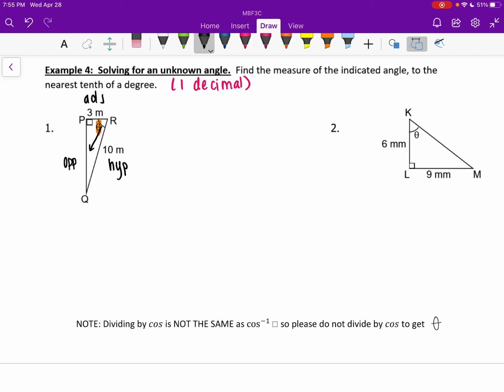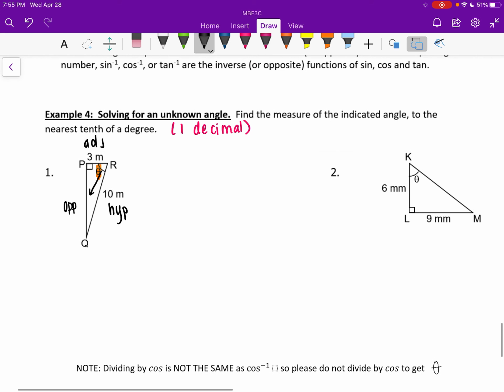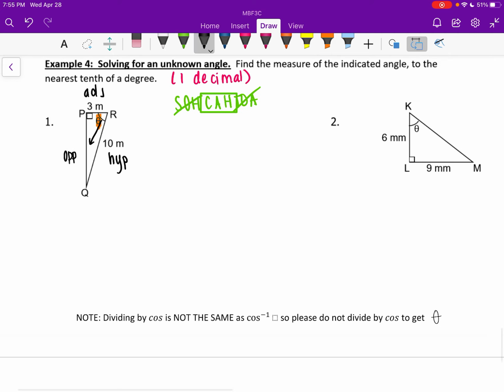So if I have the adjacent and I have the hypotenuse, I know from SOHCAHTOA, I always like to write it out. SOHCAHTOA. Sine is out of the question because I need the opposite. Tan's out of the question because I need the opposite. Cosine works because I have an adjacent and I have a hypotenuse. So let's do cosine.